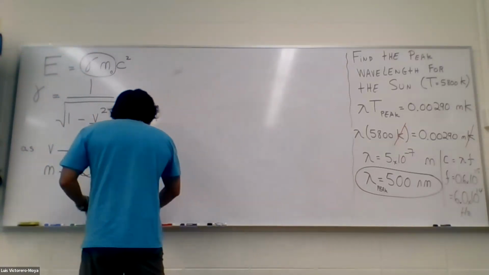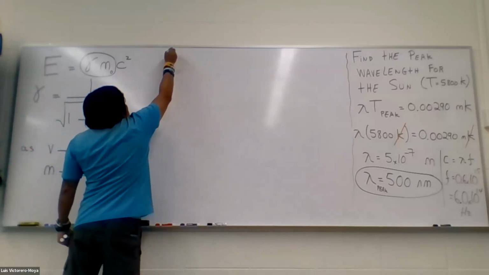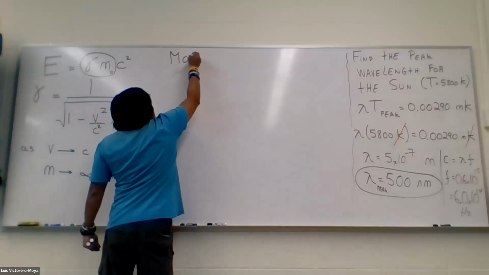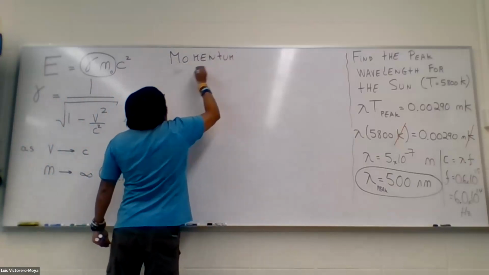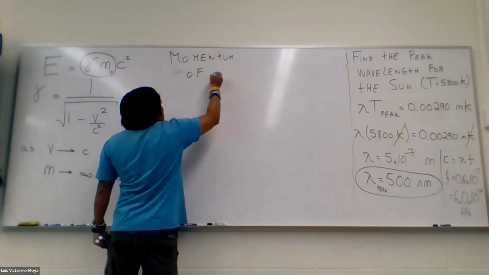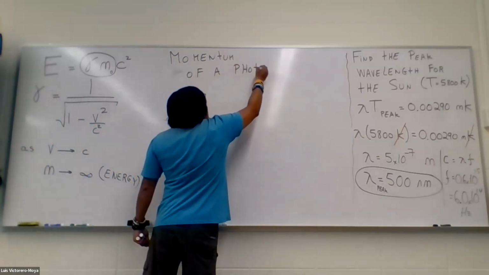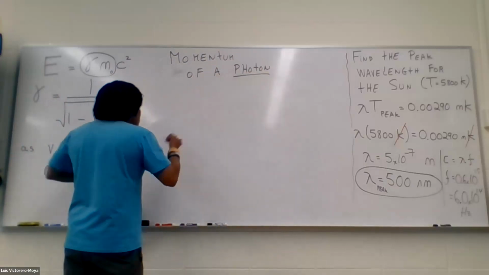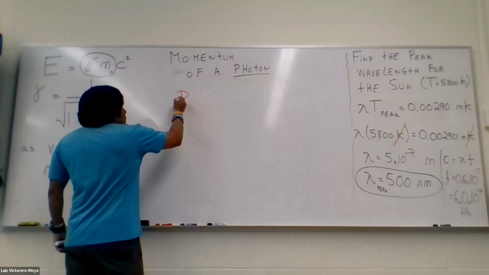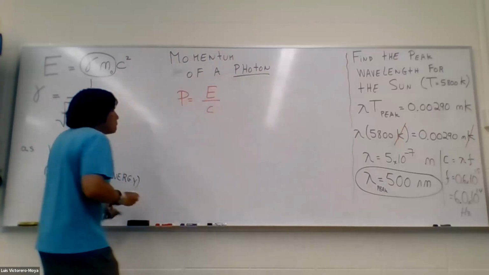So what will be the momentum of a photon? Well, momentum is energy divided by c.